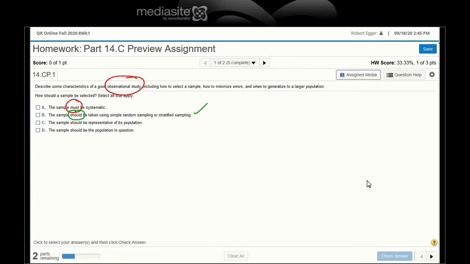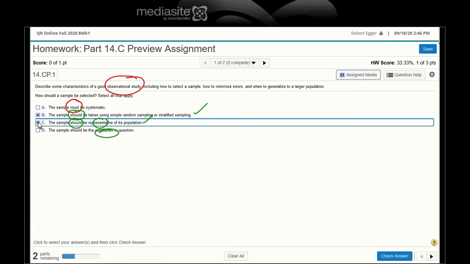The sample should be representative of its population. Yeah, should. The sample should be the population in question. So basically, we want to do the entire population, which is great if you can do it, but we generally do samples so we don't have to do the population. I'm going with B and C on this one.